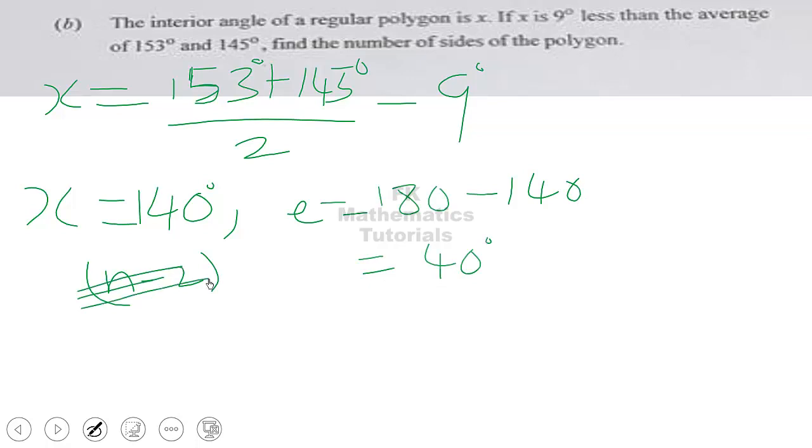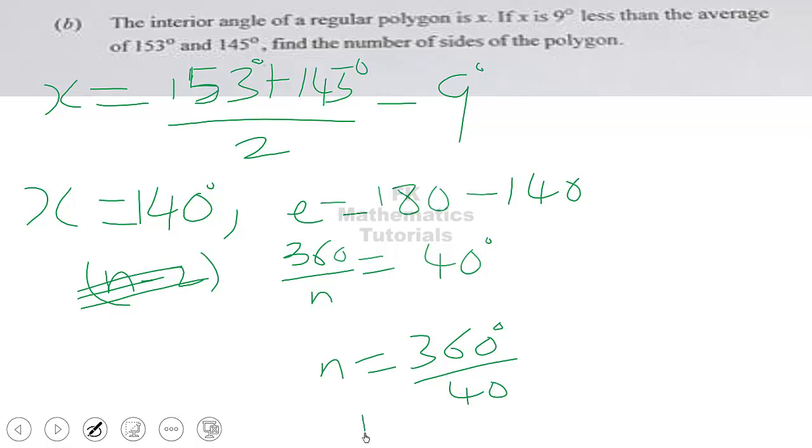The exterior angle is given by 360 over n. So n will be equal to 360 over 40, which is 9. So the polygon has 9 sides.